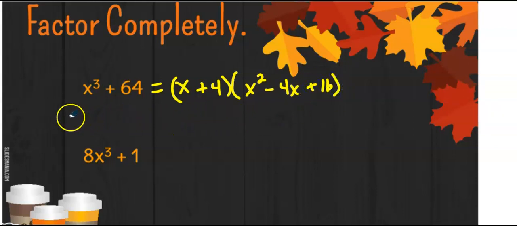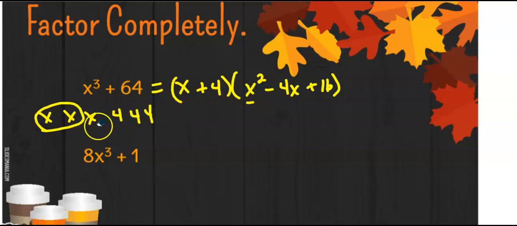Or we can go x, 4, 4, 4, and circle. We got x squared minus 4x plus 4 times 4 is 16.